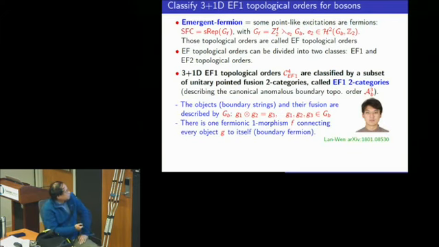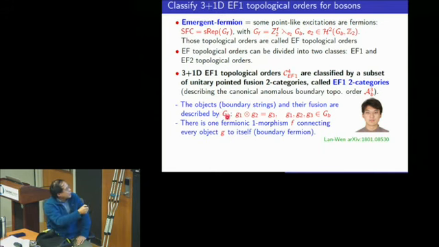The result is also pretty simple. It's a unitary pointed fusion 2-category. It seems the same, with only one difference: the objects, or the boundary strings, are labeled by GB only, not by GF.